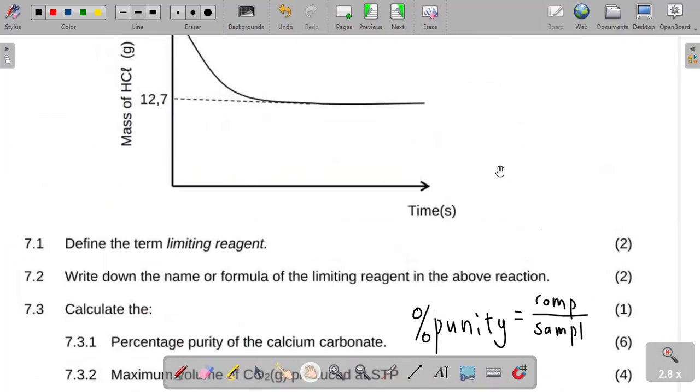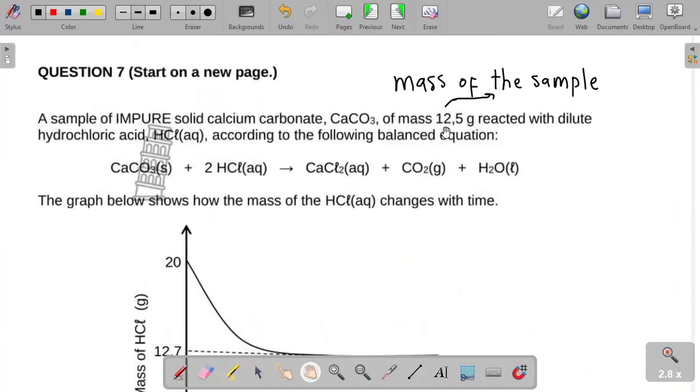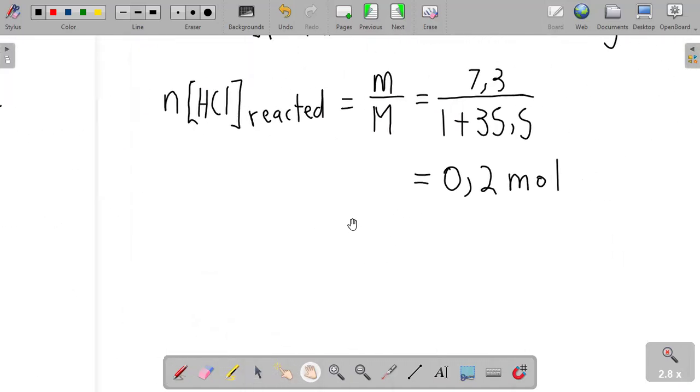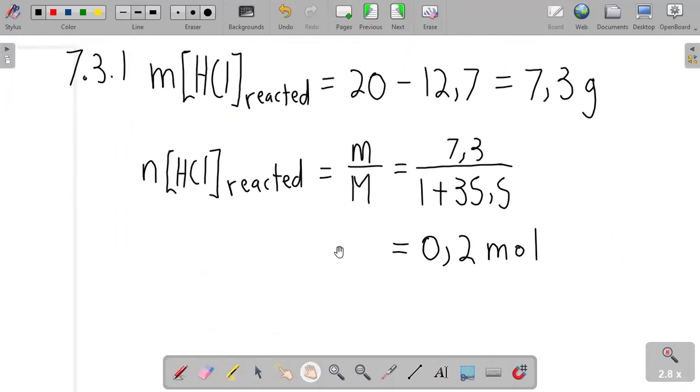It means that the sample is impure, so it has calcium carbonate and then other compounds, the impurities. So we're trying to find the mass of only calcium carbonate inside the impure sample. I hope that makes sense, but I'll explain as we go down.